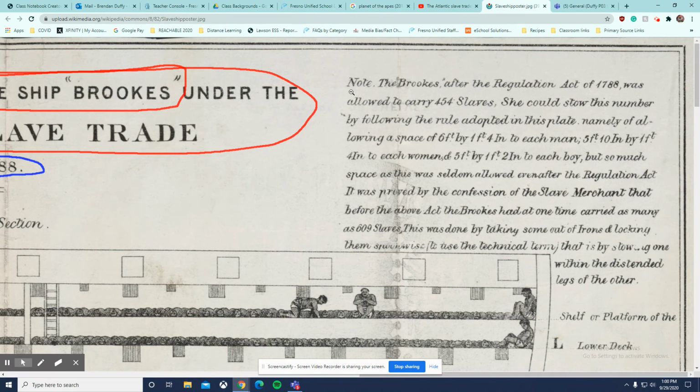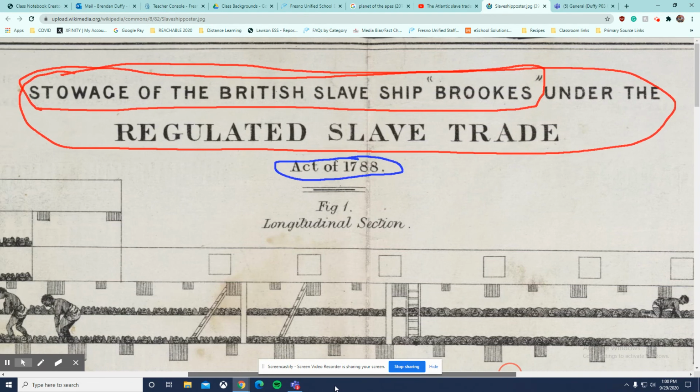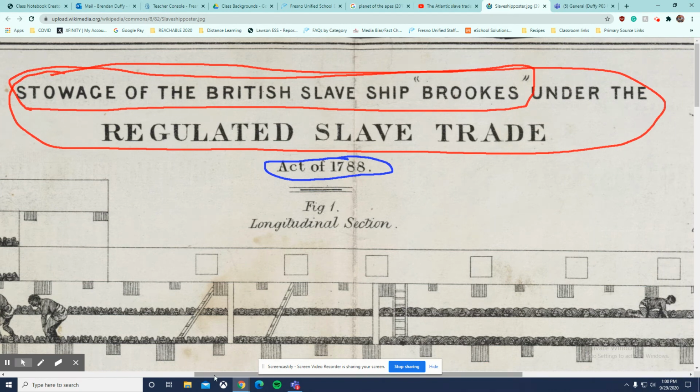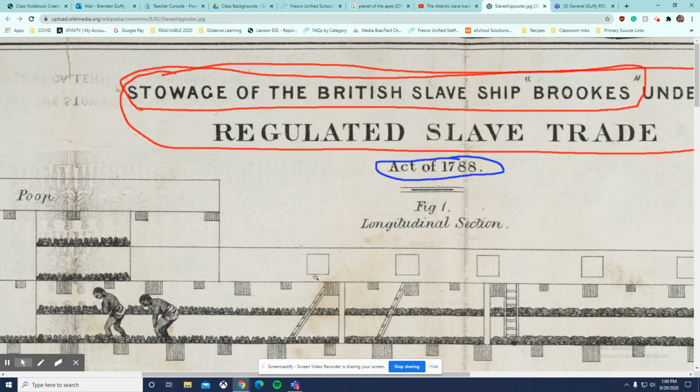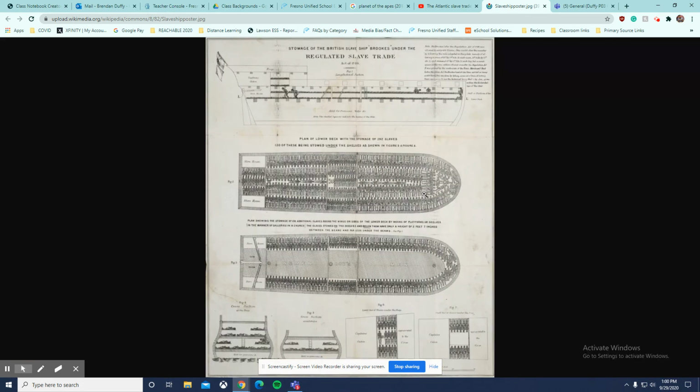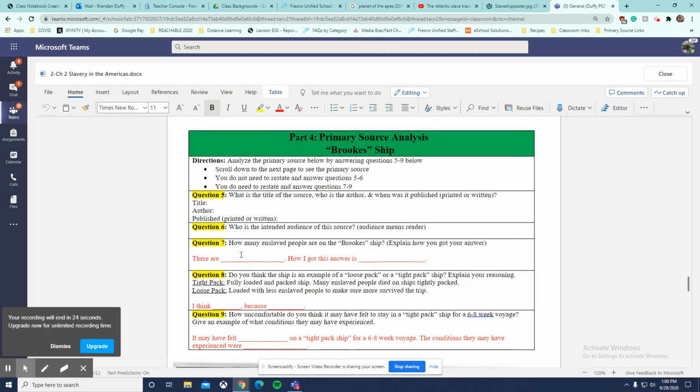So they're trying to either show off the ship or register the ship. People might say, hey, I want to pay for your ship to transport slaves. What does it look like? How many does it fit? It could be that, or it could also be the government saying, hey, you've got to register your ship. What's it like?